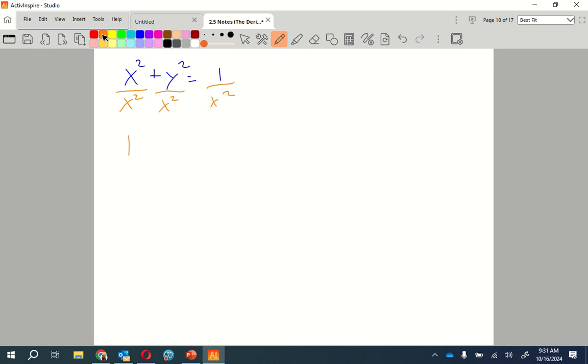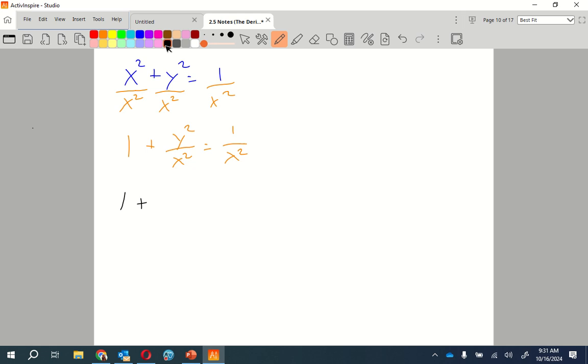I get 1 plus y squared over x squared is equal to 1 over x squared. Translate this back to trigonometry. 1 plus, remember y is the sine value, right? X is the cosine. Sine over cosine is tangent.